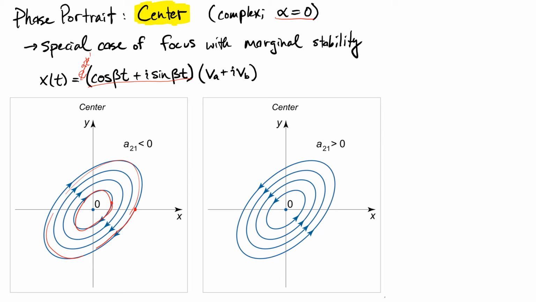So this describes all of the different types of behaviors that we can see out of these 2x2 state space systems.